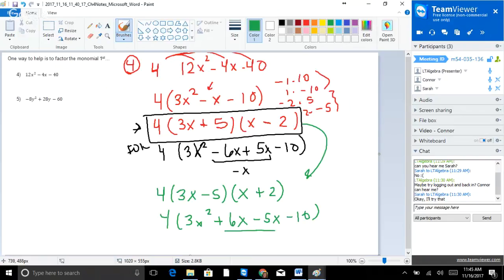So when I FOILed it, I would have gotten a plus x, not a negative x. And so if you're ever doing factoring and you get to your FOIL step and you get the right middle term, but it's the wrong sign, that probably means you just need to flip your signs in your factoring in most cases.